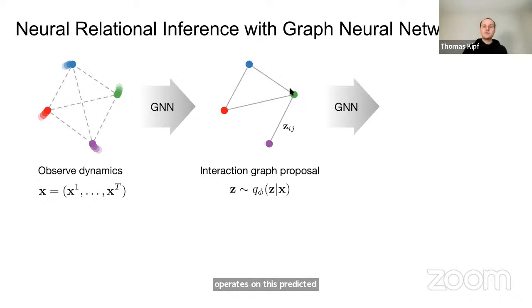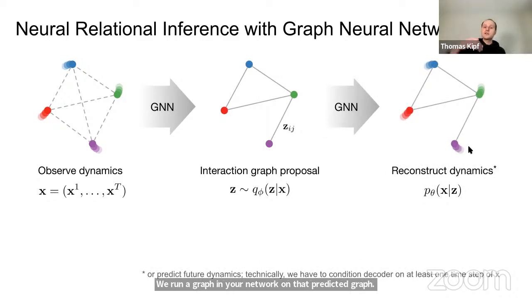This is the graph that the first graph neural network predicted. We run a graph neural network on that predicted graph, and we try to reconstruct or predict the future dynamics of the system. So the output is to predict the positions of every particle at, for example, a future time step. And because it has to go through this bottleneck, it has to make a decision about how the graph looks. In order to do well at this prediction task, the model learns to both predict the dynamics and give you a reasonable graph.